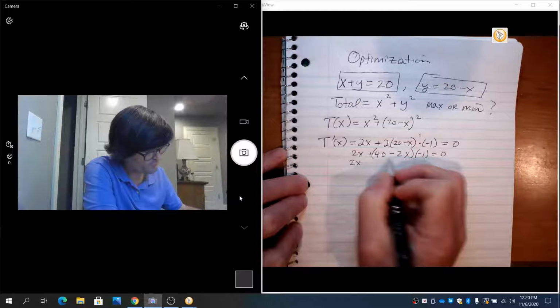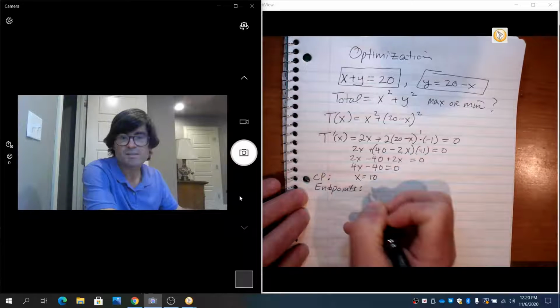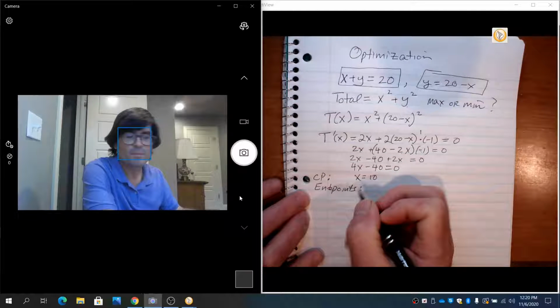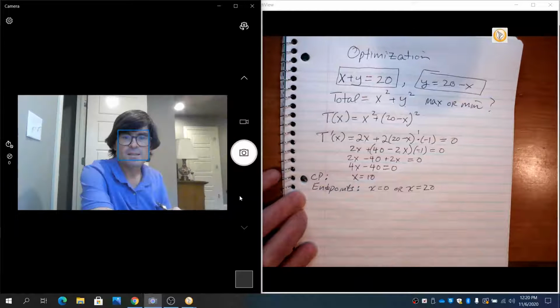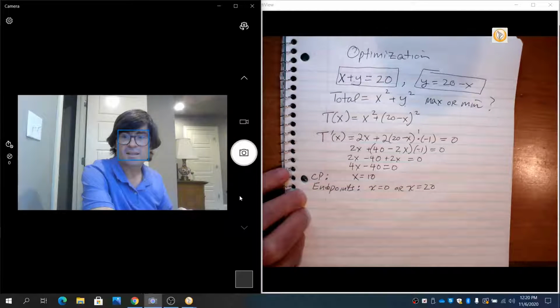You have to also remember that we have endpoints. You don't always have endpoints, but endpoints can be maxes or mins as well. Because these add up to 20 and they're not negative, the endpoints would be 0 for x or 20. So we've got to consider all three of those points to determine where my maxes or mins happen to lie.